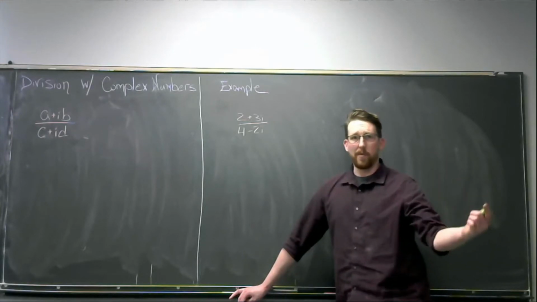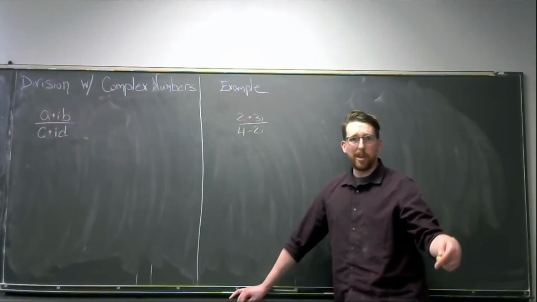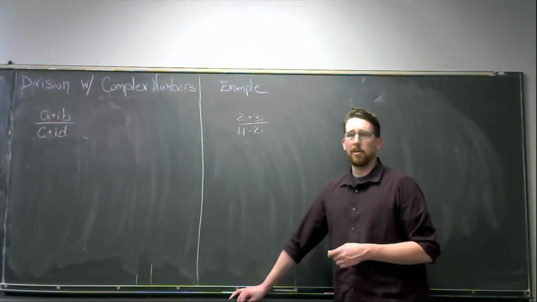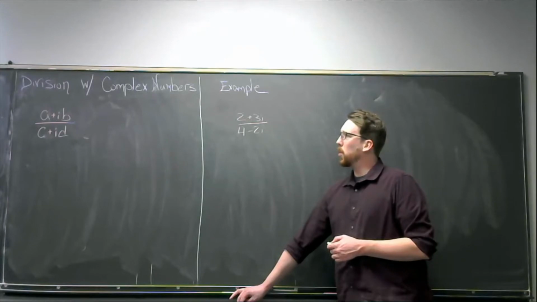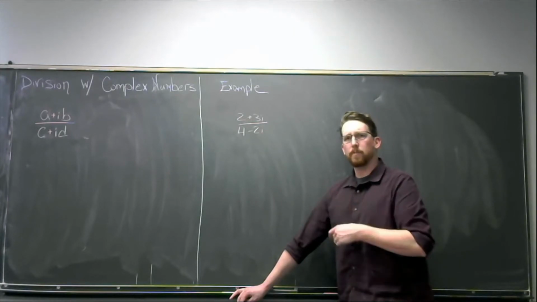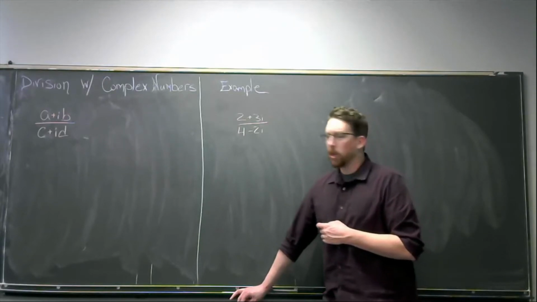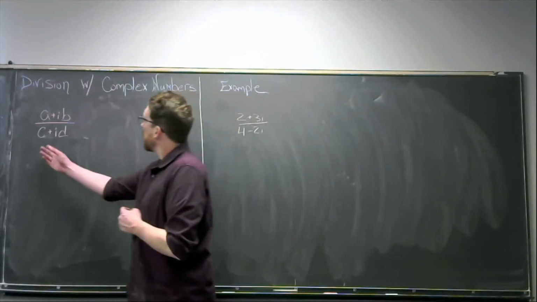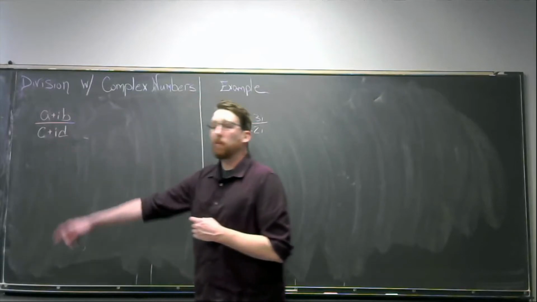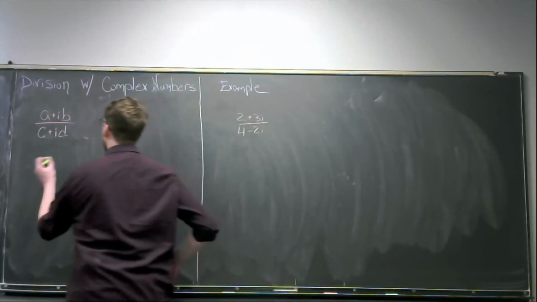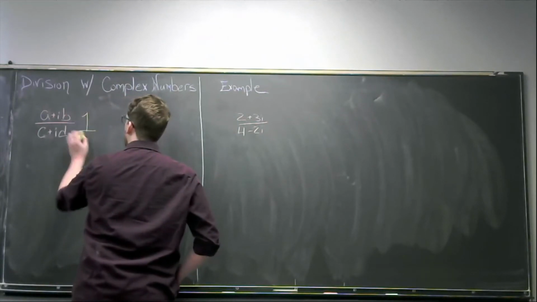It's just whatever the a was, square that, plus whatever the b was, square that. Well, wouldn't it be nice if we could use that here? Well, we can. We just have to know how to. The way to start is by multiplying this fraction by 1. Okay, so let's do that. Times 1.